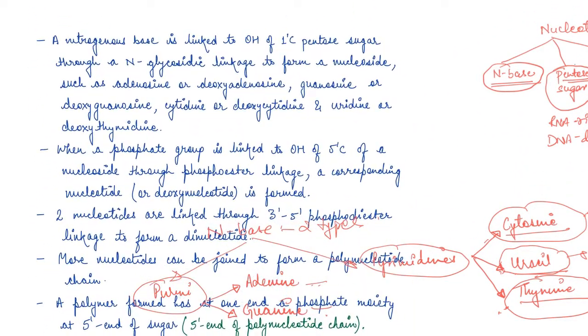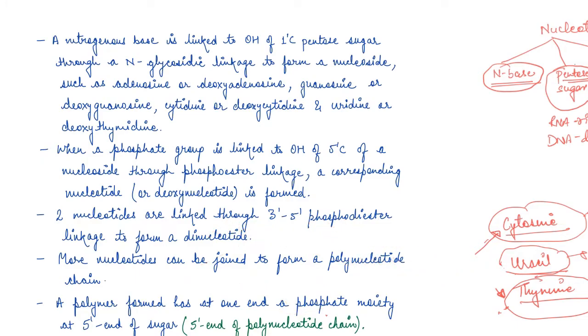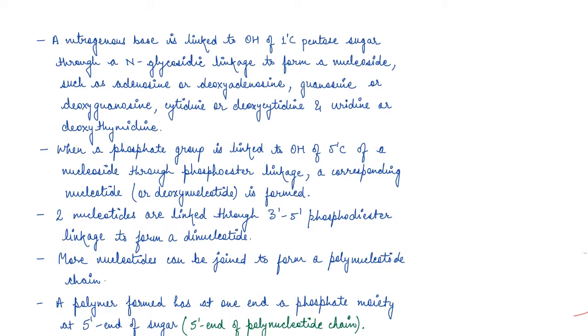Now, how it is linked, let's study that as well. How it is linked to the bases or the phosphate group, because it is a chain, right? So they'll be joined to one another, right?